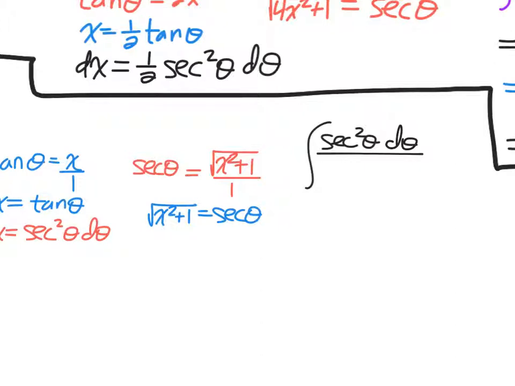So the part that is the square root of x squared plus 1 is going to get replaced with a secant. So it'll be secant cubed. All of that's going to simplify down to what? In simplest terms. Which simplifies even further to cosine.